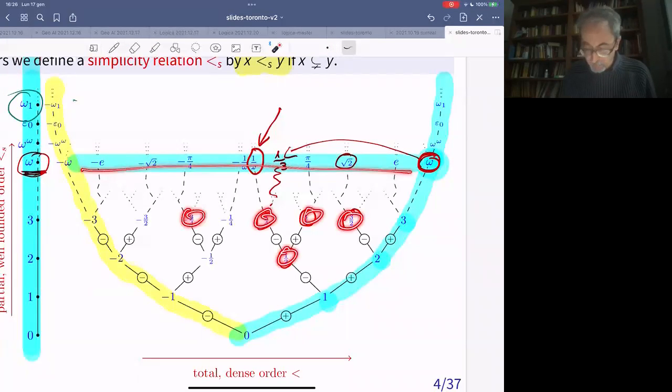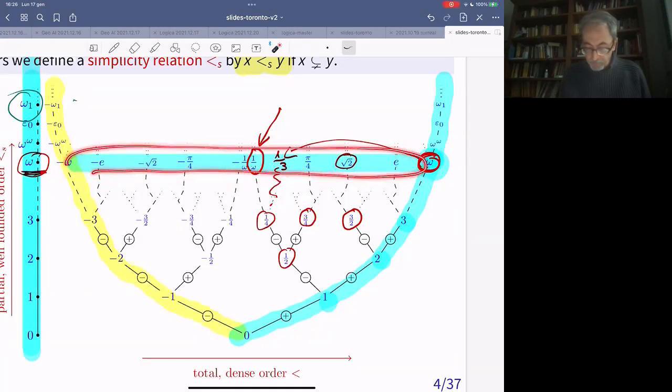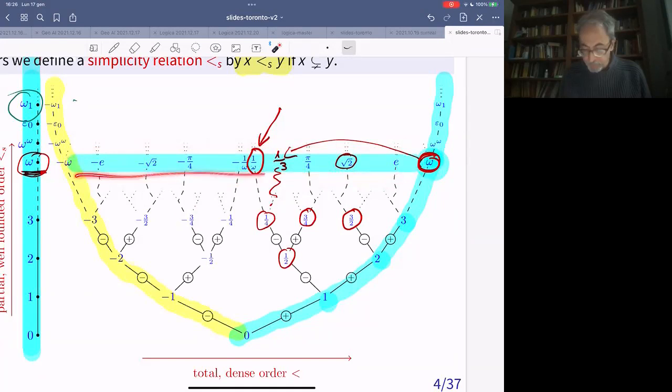And which ones are the real numbers? At level omega, the ones which are real numbers are exactly the ones which are not eventually constant. So they keep doing zigzag. So they are never eventually left, left, left, or right, right, right. Because, for instance, if you take 1 and then you go always left, you get 1 over omega, something infinitesimal.